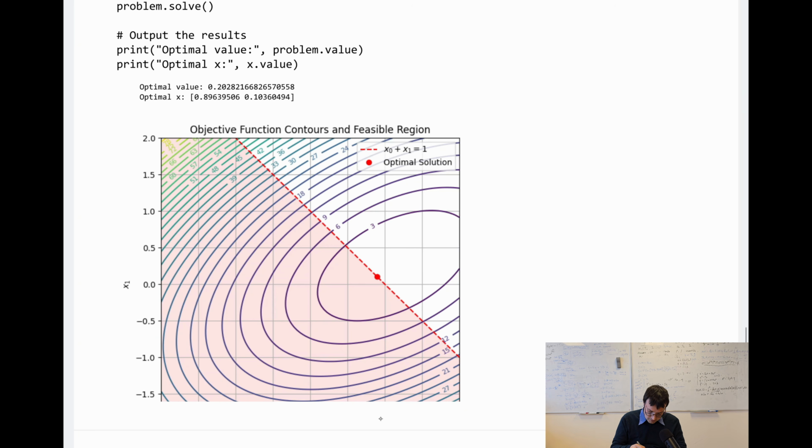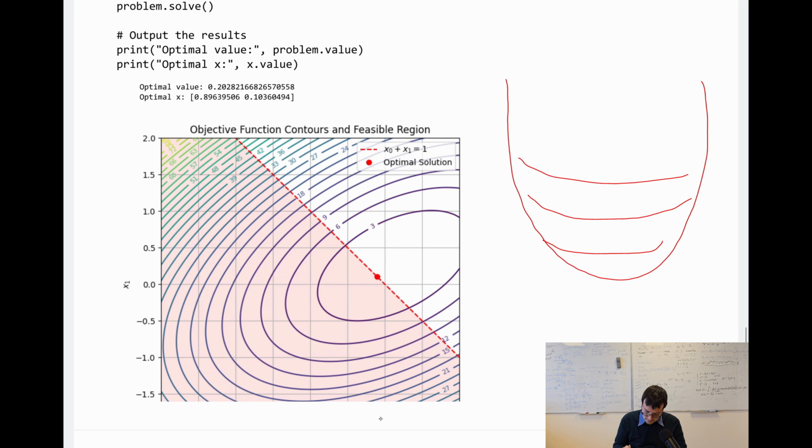In particular, for this problem, the objective function has essentially this shape here. So it's a 3D shape. And then in addition to that, there is a constraint which is essentially a line. So it means that we need to be on the line, and on the line we need to find the smallest point on this 3D parabola, okay? So it means that essentially the unconstrained optimal solution is going to be this point over here, but this is not in the feasible set.